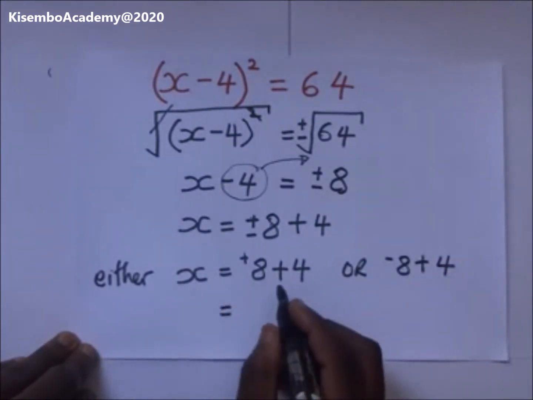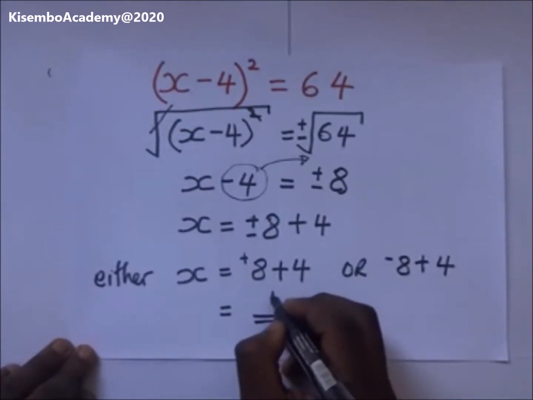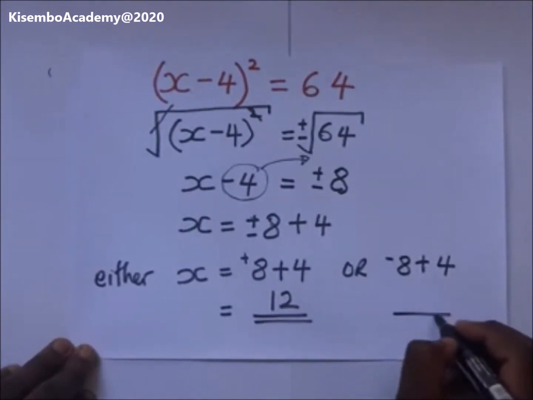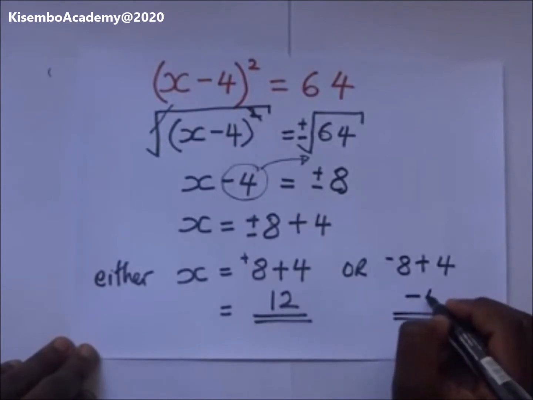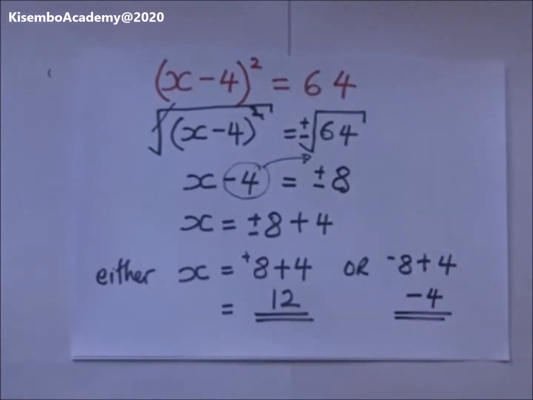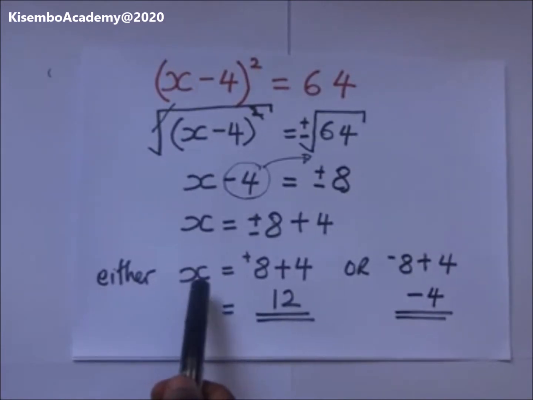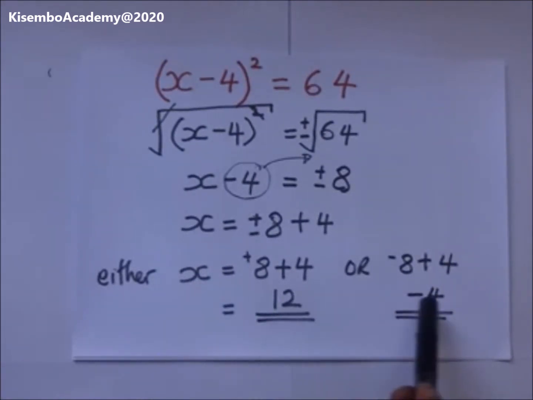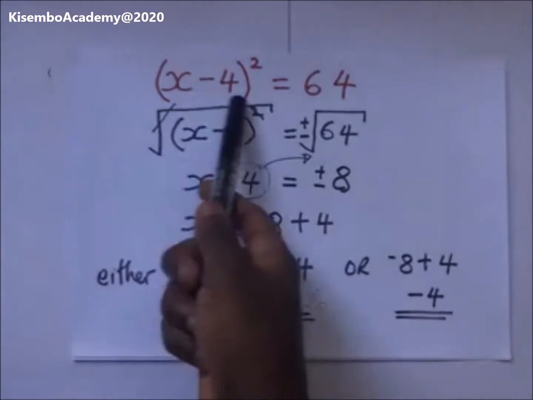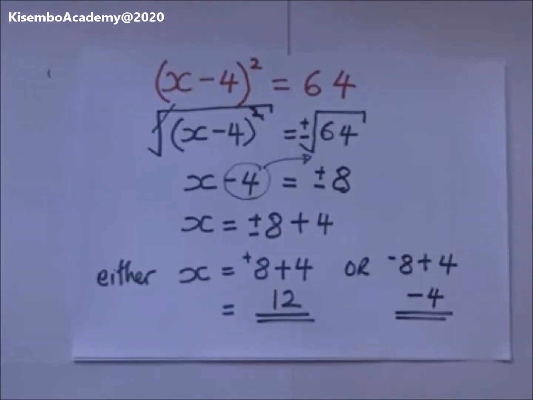And definitely our answer here is going to be 12, and our answer here will be negative 4. So those are our two values of x. X is either this or that. These are the two values of x for that quadratic expression.